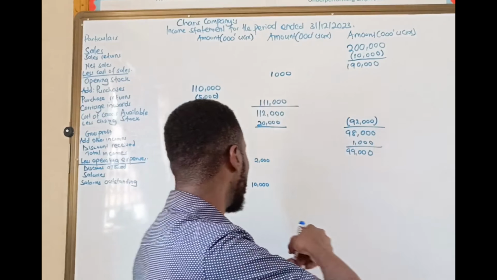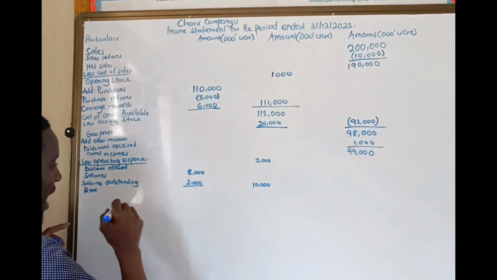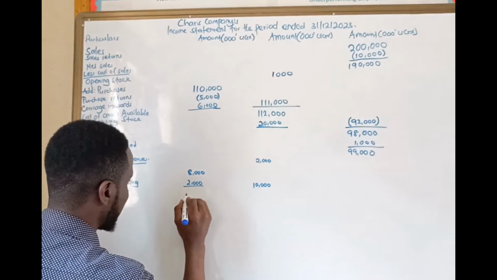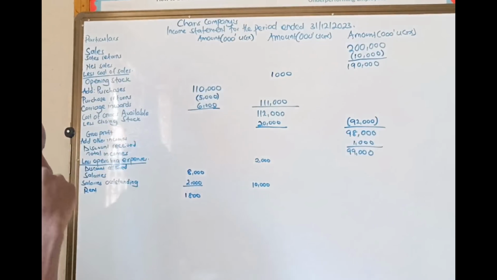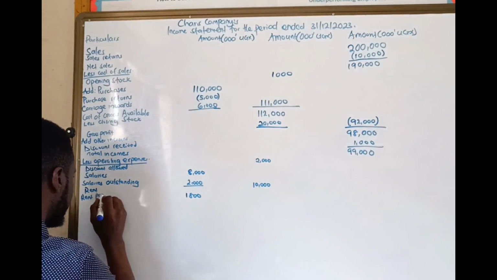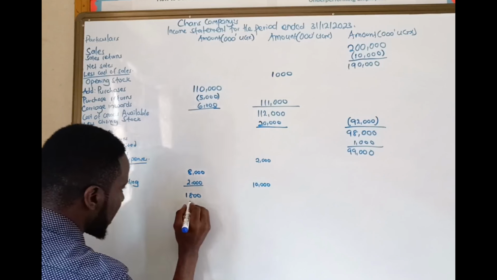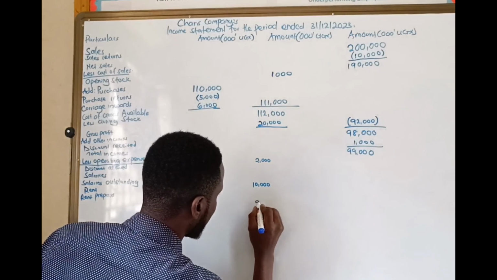So when they tell us that the actual amount they paid for rent was 1,800, but that half of this was for the forthcoming financial year, that means we shall say rent prepaid is 900. We deduct it off, then we shall have our 900 here.